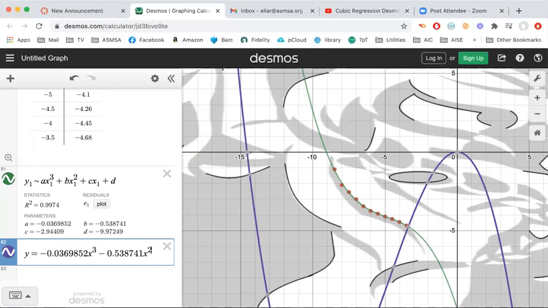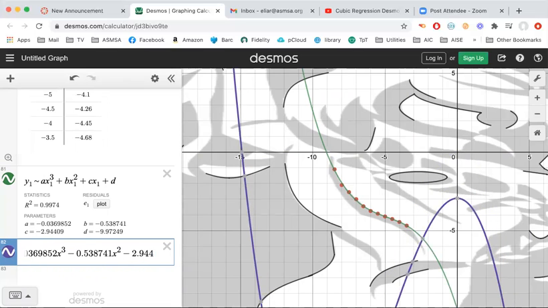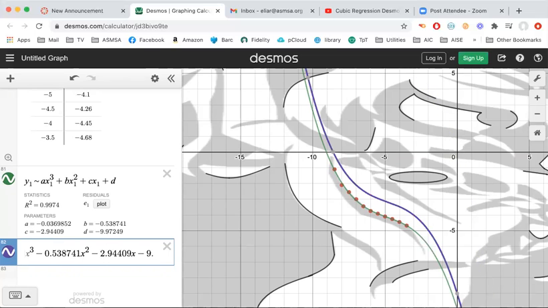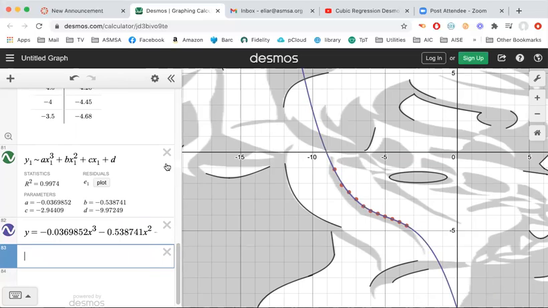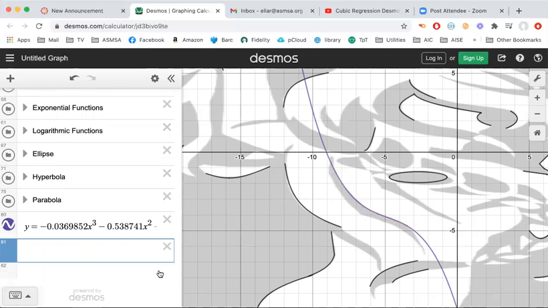I'm just getting this from those parameters that are listed. Minus 2.94409 x, minus 9.97249. And so now I have a cubic equation that fits. And so I can take that off and I can take my point off, and then I have this.